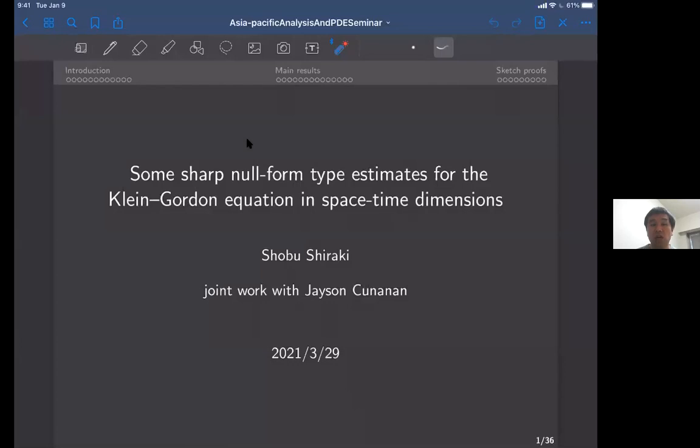Let me add that he also studies the fractional Schrödinger equation, and he has published some papers. I think he's a very brilliant mathematician in Japan, so I'm interested in his talk.